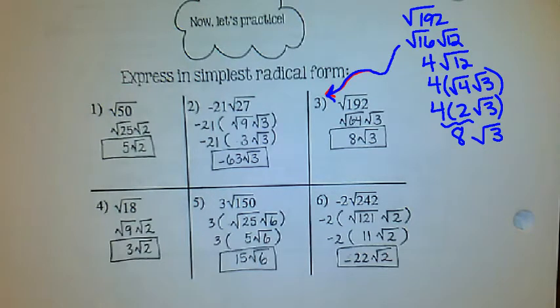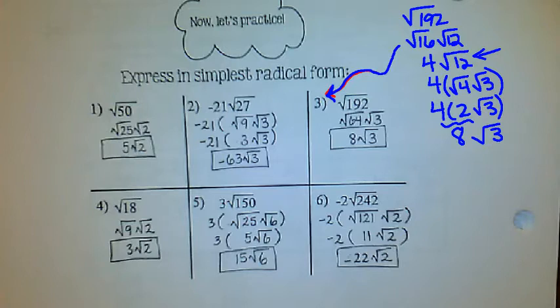Another popular one, radical 8. Radical 8 has a factor of 4. So look for those factors of 4 when you have your radical, because again, you don't have to start over, just pick up where you left off. So if you notice that you got to here, well, it's not in simplest form, so just keep going.